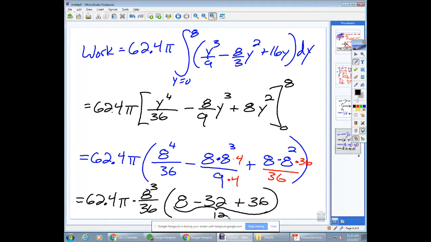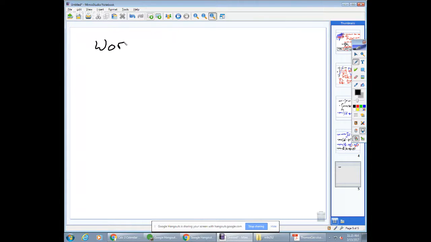All right, I think I got something I can plug into my calculator. Just cleaning up the 8 cubed stuff. I think I have 62.4 pi, and then that constant stuff cleans up to an 8 cubed over 3.